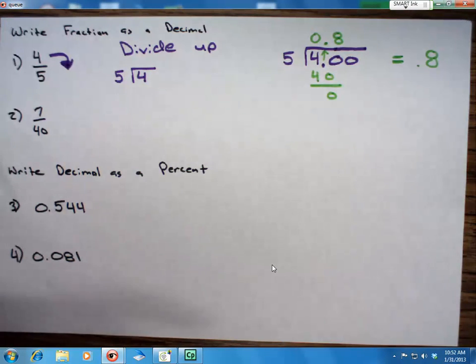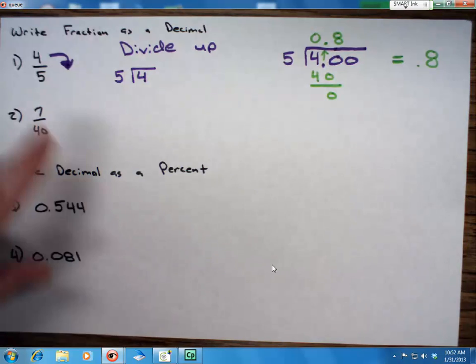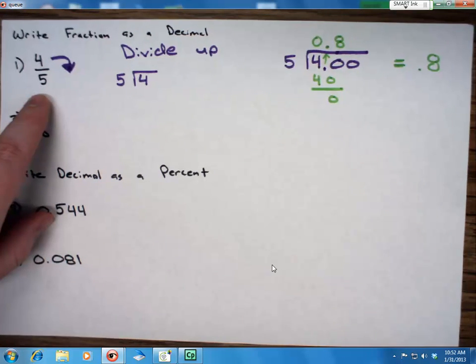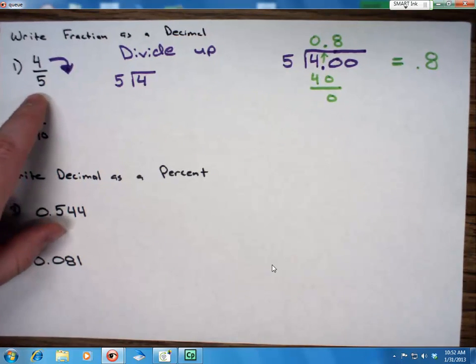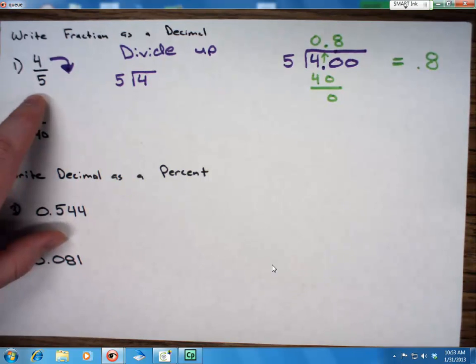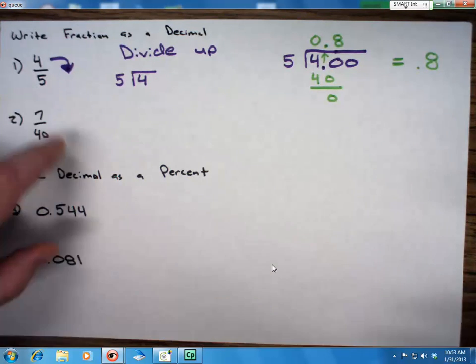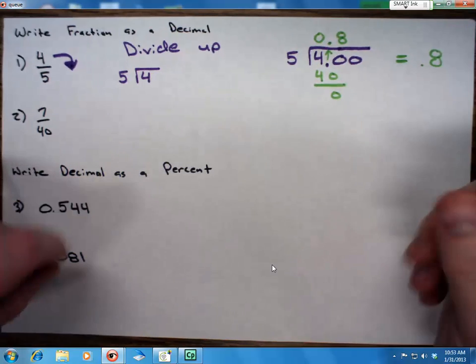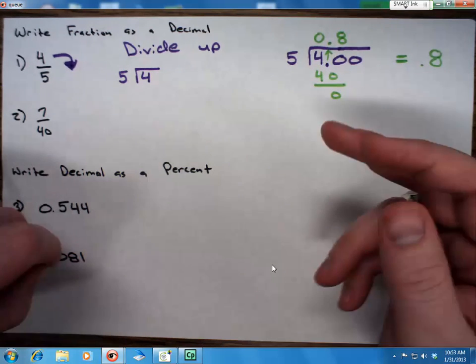We could also try to get this 4/5 into something over 100, because remember, if we were going to write a percent, we could very easily just write it as, if it was over 100, it would just be like 0.80, or we could convert that percent to a decimal by doing that.